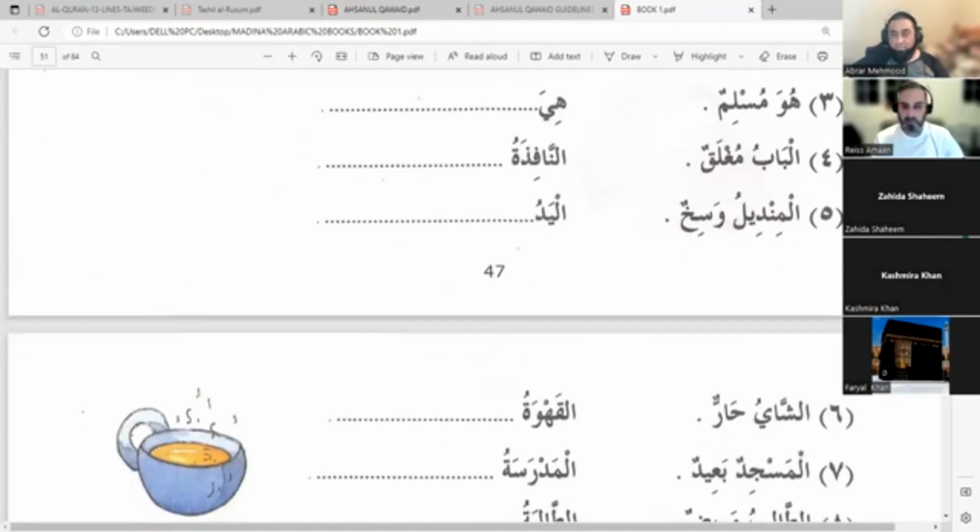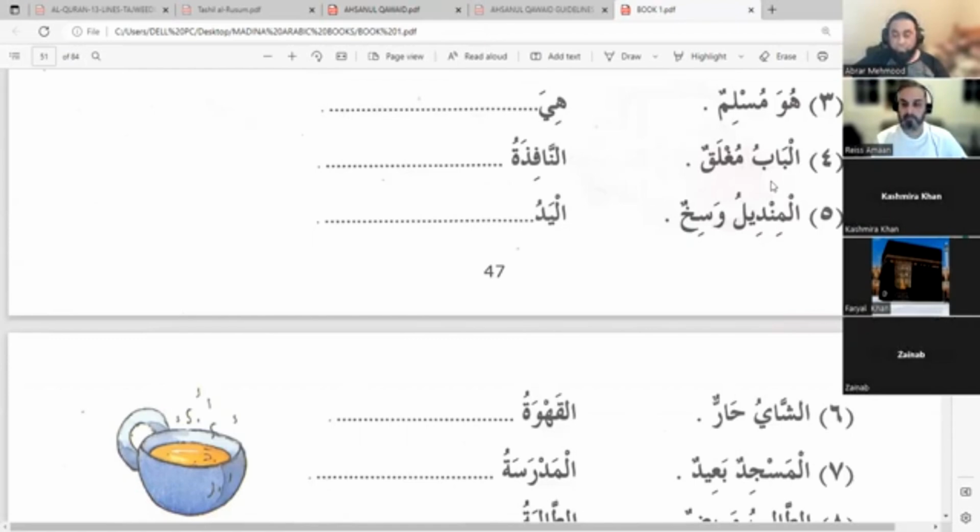Okay, Sister Zainab, please go ahead with the next one. Al-babu mughlaqun. An-nafizatu. What will come?